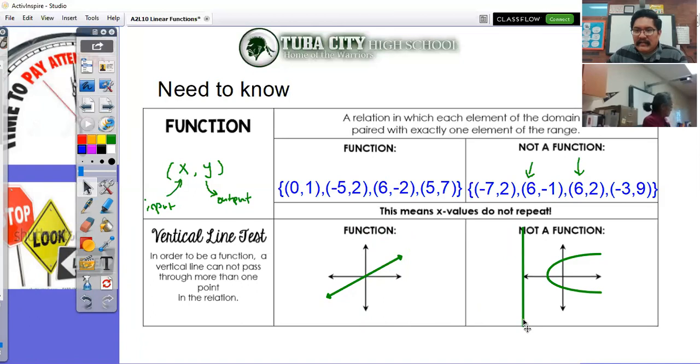And in this case here, I have an example of something that is not a function. Now, as I move my line to the left, I run into a point here. So this would work out because I only have one point that it can meet up at. But as I move further down, now I have two spots. I have an upper and a lower intersection.